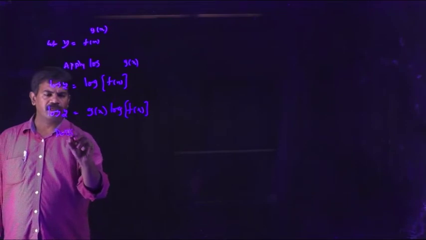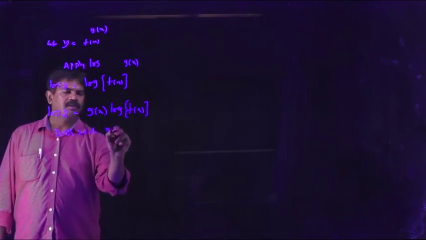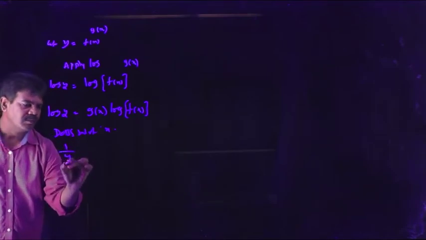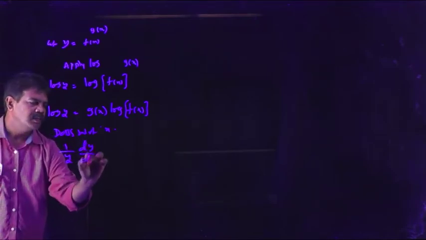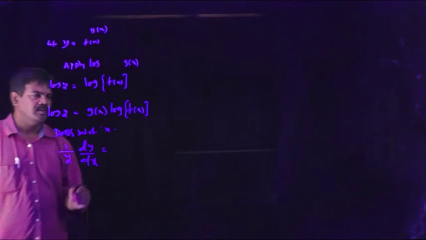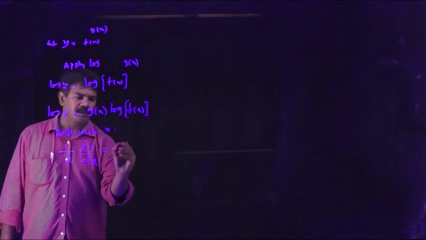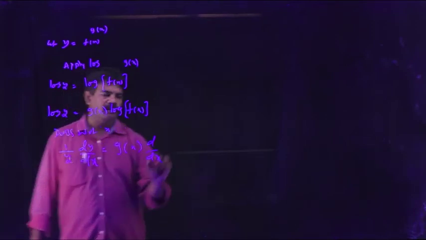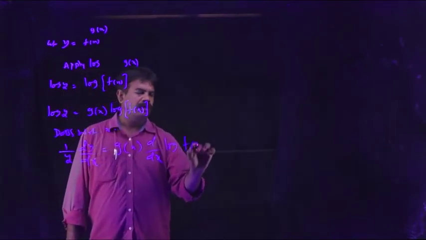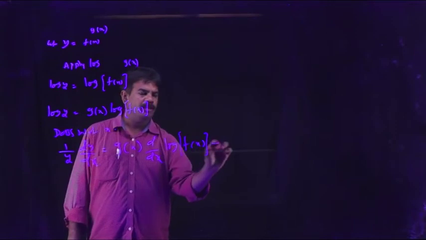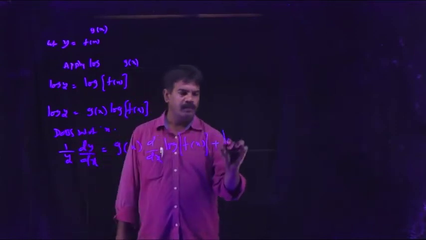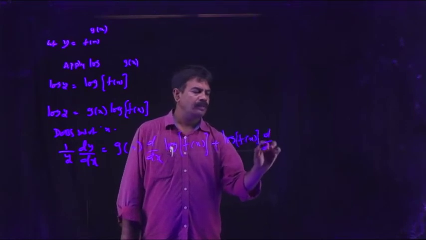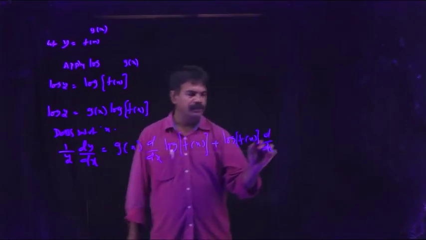Differentiating on both sides with respect to x. That is, derivative of log y is 1 by y into dy by dx is equal to, so here apply the UV formula, that is g of x into d by dx of log of f of x plus log of f of x into d by dx of g of x.